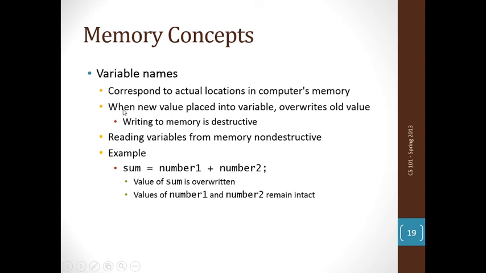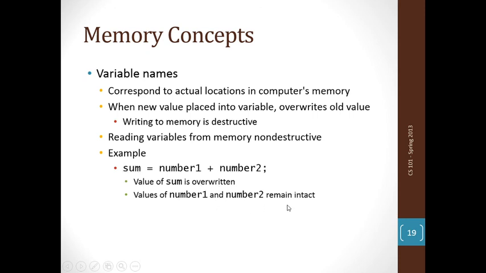For example, sum already contains a value 10, and then we are adding this expression and storing its value into sum. So 3 plus 4 will be 7, which will be stored in this sum, and the value before in the sum, that was 10, will be overwritten, and its value becomes 7. The value of sum is overwritten, which means its old value will be lost.